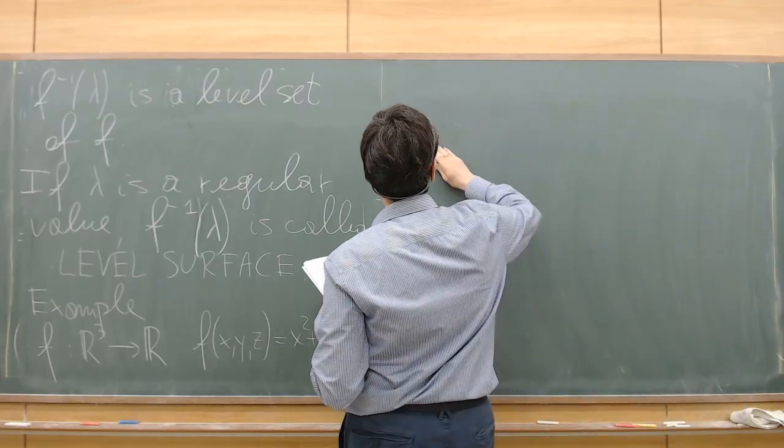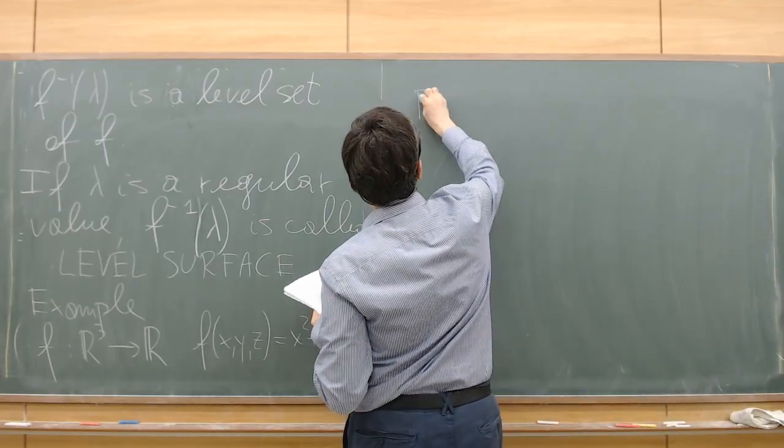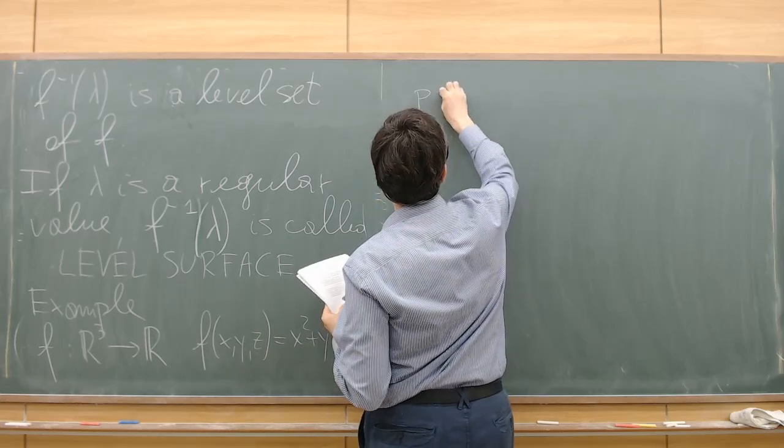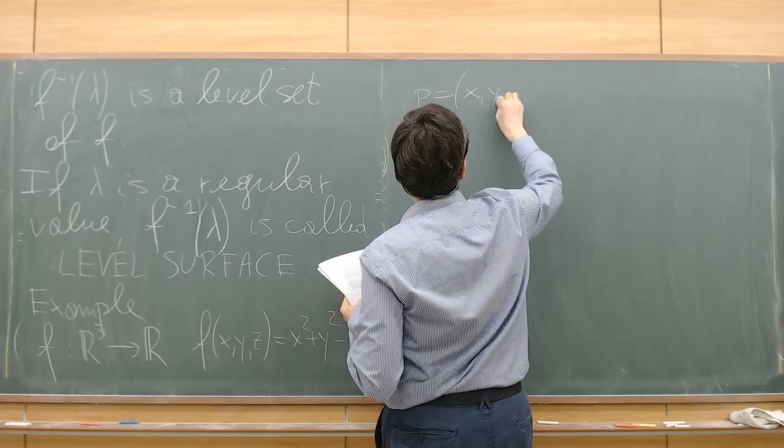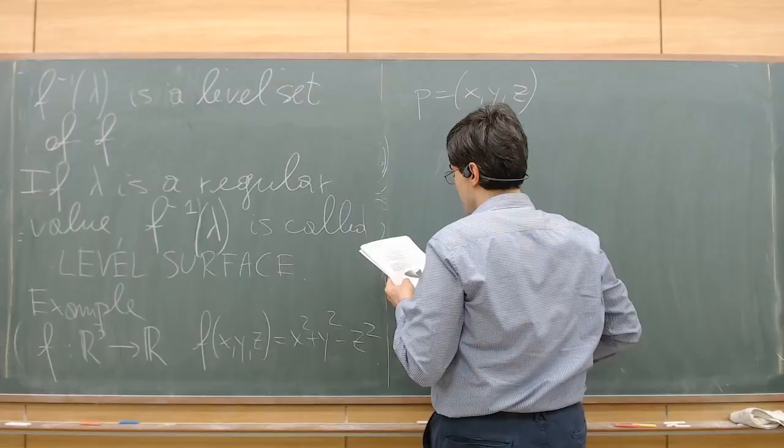Let's compute the Jacobian matrix of F at P, the point of coordinates x, y, z.